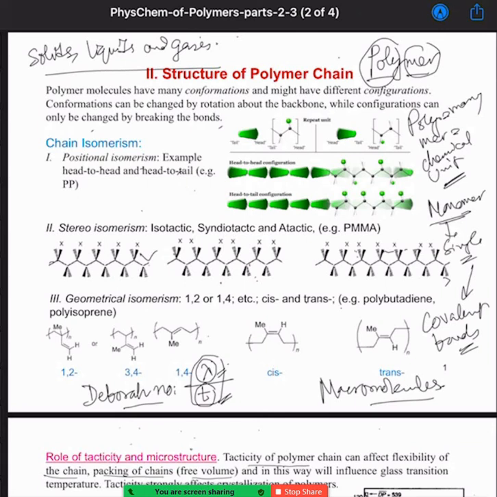It is a very important feature to distinguish a polymeric material from all these earthly materials: the Deborah number for a polymeric material is always greater than 1.